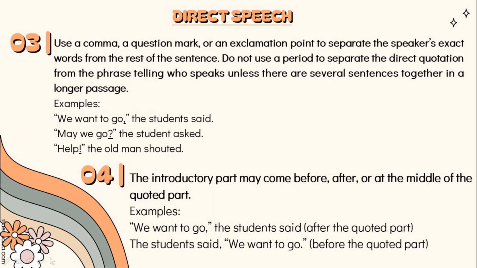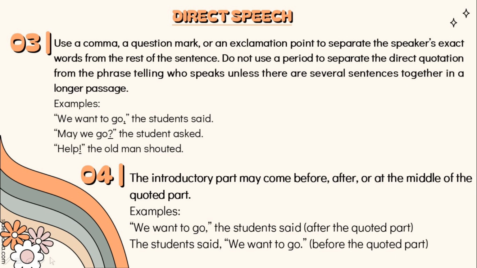Okay, next, for number 3: use a comma, question mark, or exclamation point to separate the speaker's exact words from the rest of the sentence. Do not use a period to separate the direct quotation from the phrase telling who speaks, unless there are several sentences together in a longer passage.